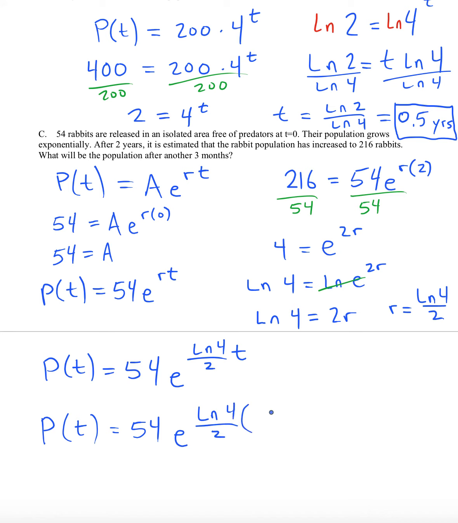Let's see, it would be 2.25 years, 3 months being a quarter of a year. All right, let's plug that in on the calculator. Approximately 257 rabbits.